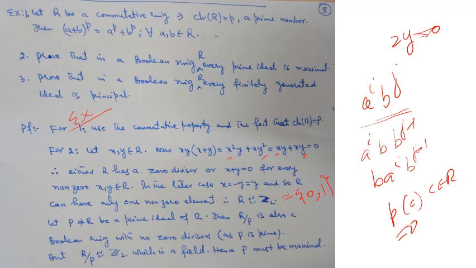So here you have to use the fact which you have studied in your previous semesters, that in a ring R, an ideal M is maximal if and only if R mod M is a field. And here you have got R mod P is a field, so P is maximal.